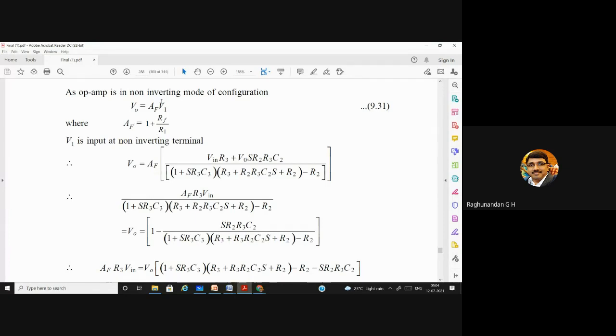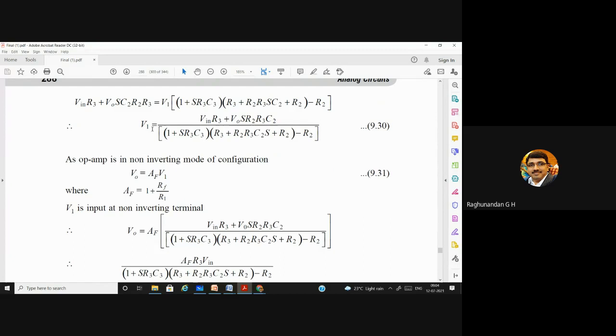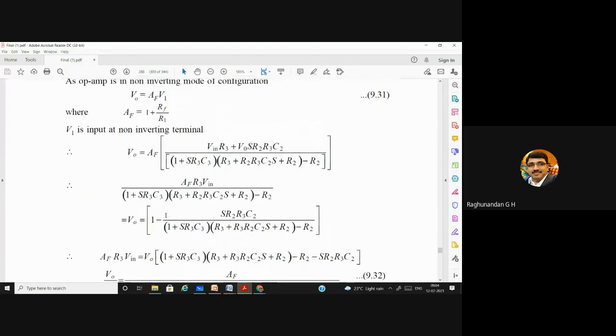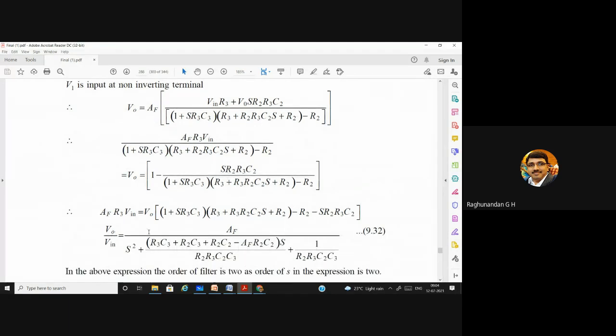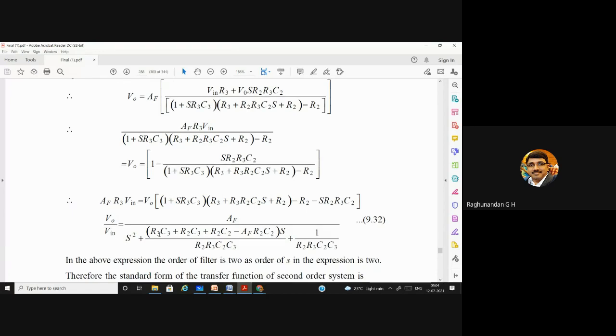Then we substitute the equation obtained for V1, take out the common terms, and write the equation in terms of V naught by Vin. We arrive at V naught by Vin equal to AF by the rest of the terms.